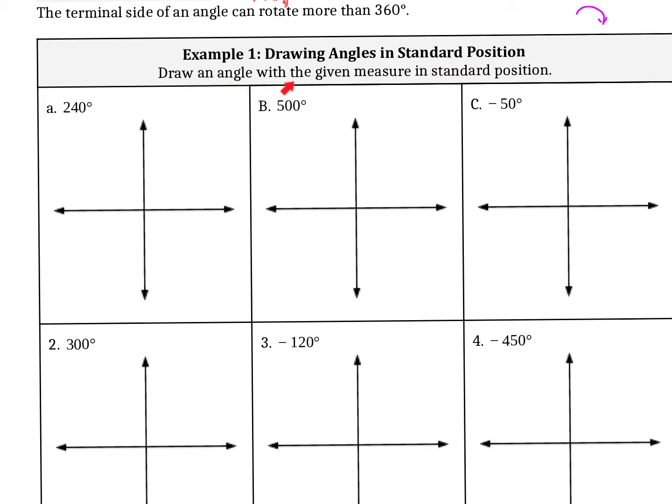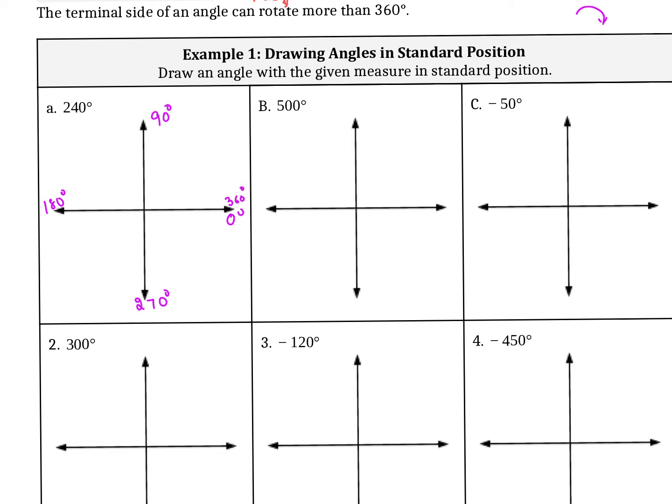So for example 1, drawing angles in standard position. Draw an angle with the given measure in standard position. You're going to start from 0 degrees. This is going to be 90 degrees, this is 180, this is 270, and again, back to 360.